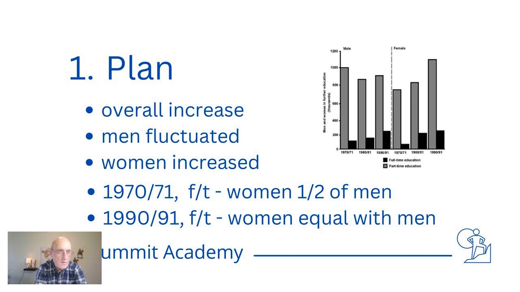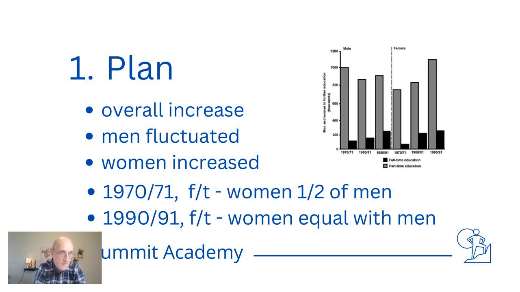And then I'm going to look for some other things that I might put in my essay. So for example, if I wanted to make a comparison, I could say that in 1970, if I'm just looking at the full-time, that's what the FT stands for, the full-time education, the women, the female section, were about half the amount of the male section.